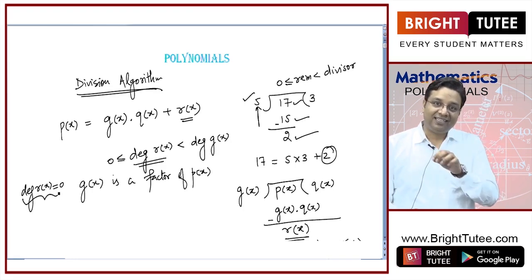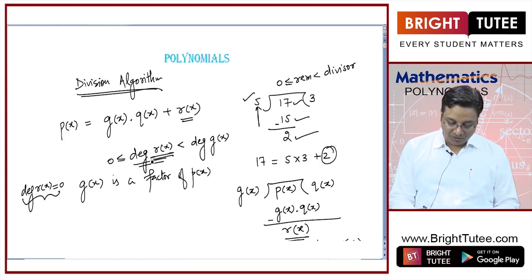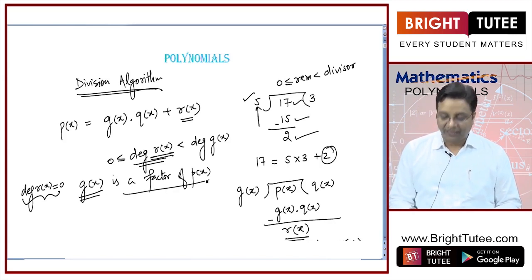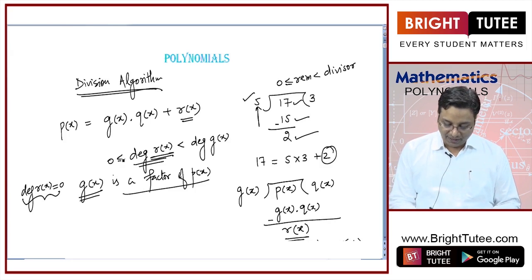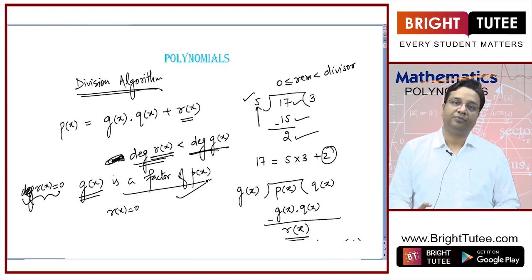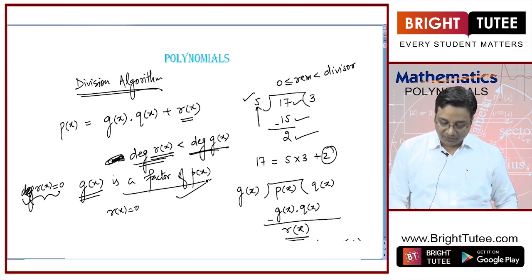Not the degree, r(x) itself will become 0 when g(x) is a factor of p(x). Degree of r(x) being 0 means that r(x) will be some constant, so let us leave this part. Degree of r(x) is lesser than degree of g(x), and r(x) is equal to 0 when g(x) is a factor of p(x). So, this is the difference that you need to take care of.